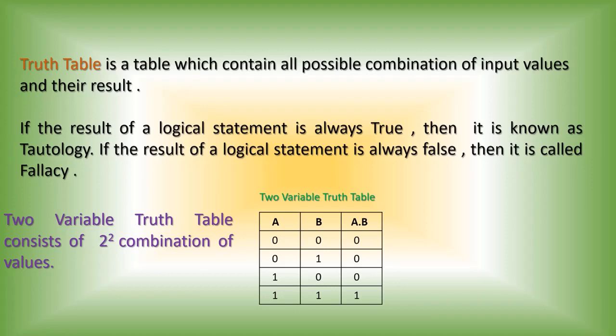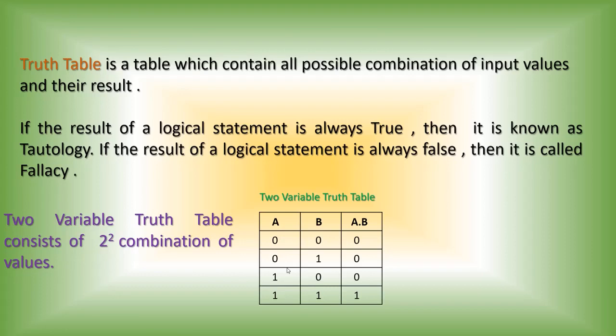So here you can see a table which is a 2-variable truth table. Here A and B are the 2 variables, which can have the value 0 or 1. That combination is written over there, which consists of 4 different values: 0, 0, 0, 1, 1, 0 and 1, 1.